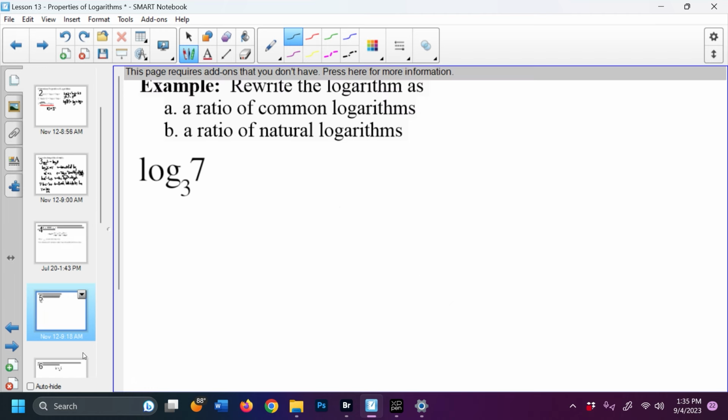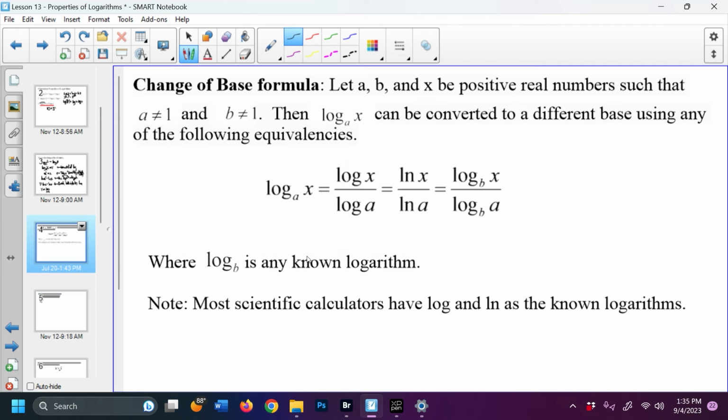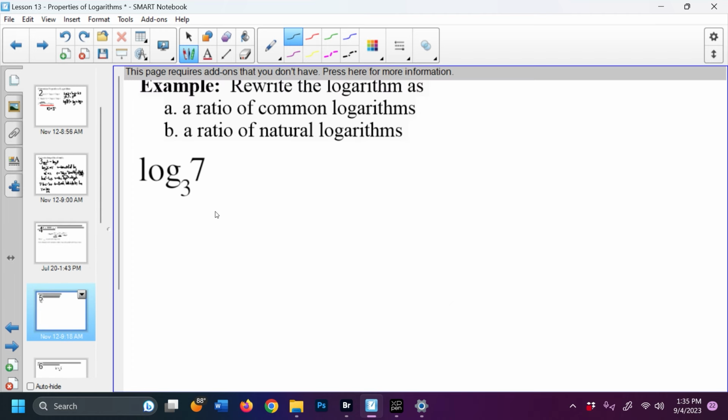And again, since most scientific calculators have common logarithm and natural logarithm as known logarithms, you can do that calculation anytime you want. As an example, it says rewrite the logarithm as a ratio of common logarithms and as a ratio of natural logarithms. Since we have a value for x and a value for a, this is a pretty easy problem.